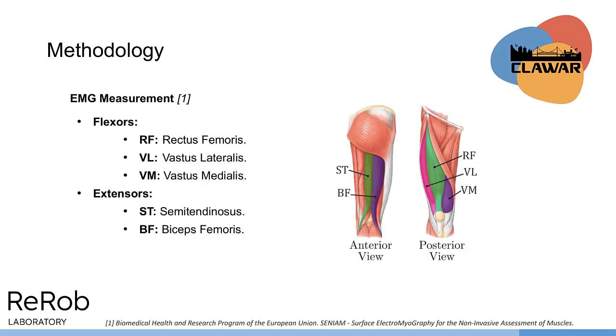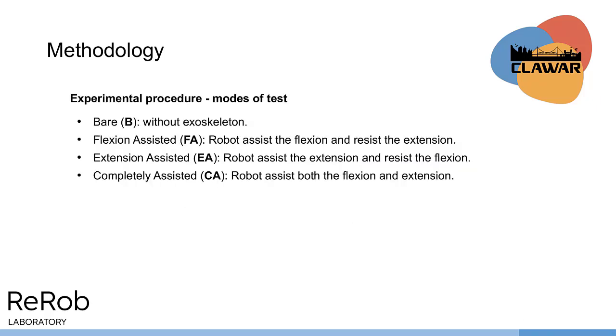Following the surface electromyography for the non-invasive assessment of muscles protocol, we placed the electrodes on the rectus femoris, vastus lateralis, and vastus medialis muscles for knee extension movements, and on the semitendinosus and biceps femoris muscles for knee flexion movements. The experiments were conducted in 4 distinct configurations.